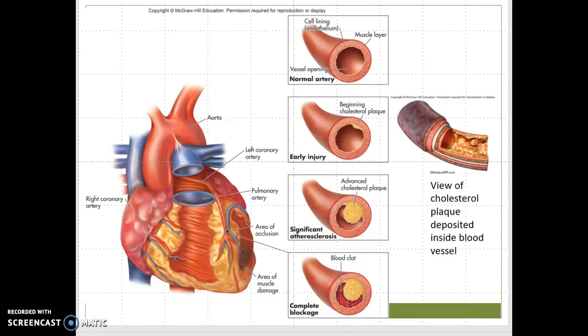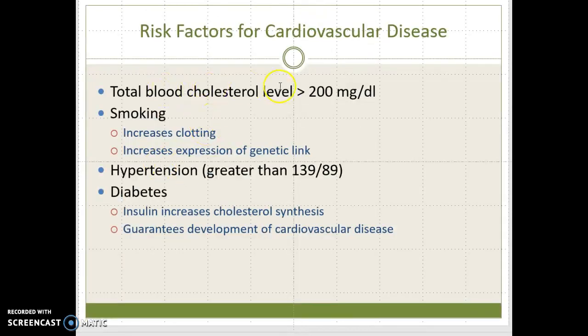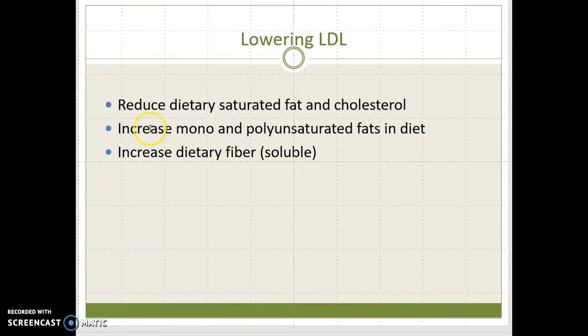So the main risk factors to try to eliminate would be keeping our cholesterol level down, preventing smoking, keeping our blood pressure down, and trying to prevent diabetes, because that does increase your risk for cardiovascular diseases. The best way to lower your LDLs is to reduce saturated fat and cholesterol, and increase mono and polyunsaturated fat and fiber.